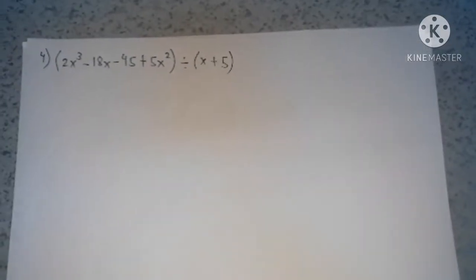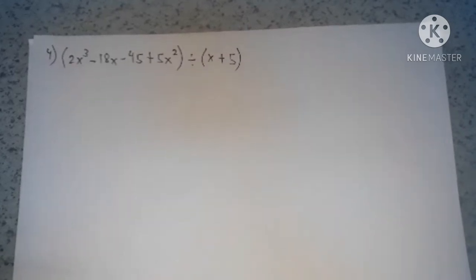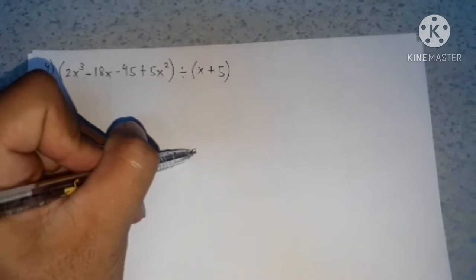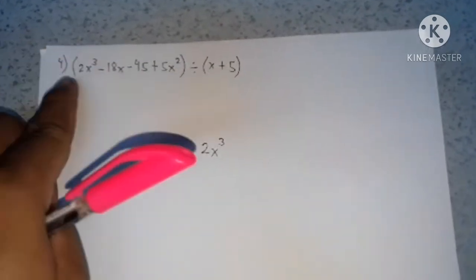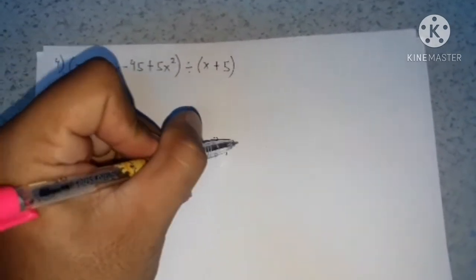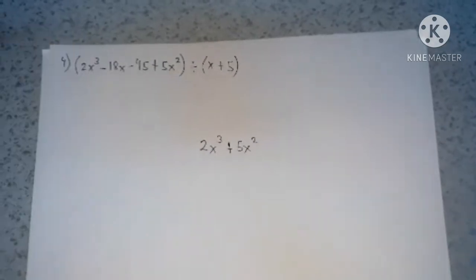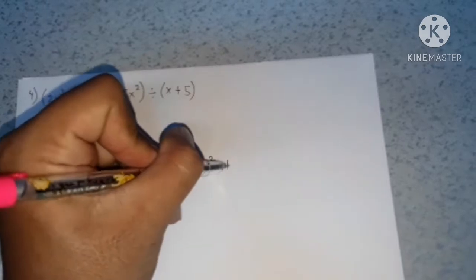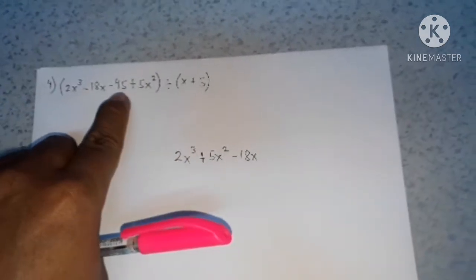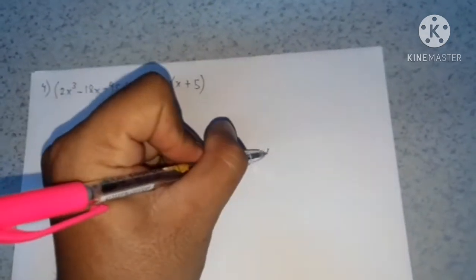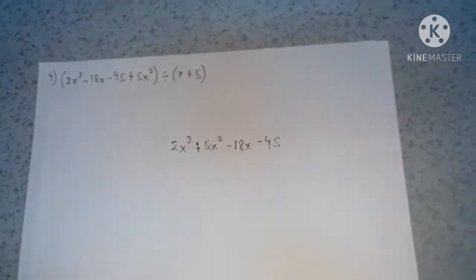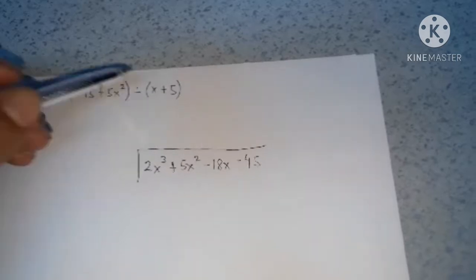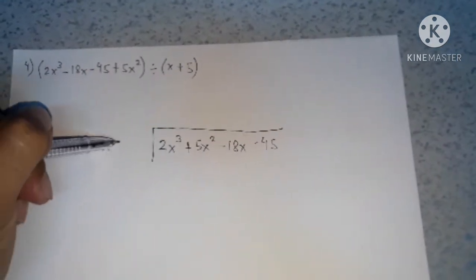And so obviously, ang una nating isusulat ay yung term na may pinakamataas na exponent. We have that is positive 2x cubed, and then followed by positive 5x squared, and then the linear term, which is negative 18x, and then the constant term, which is negative 45. So divided by x plus 5, yung divisor naman ay nakasulat na in standard form.